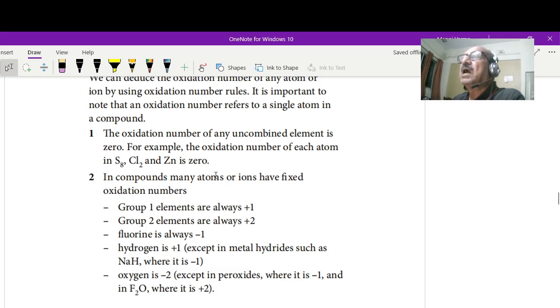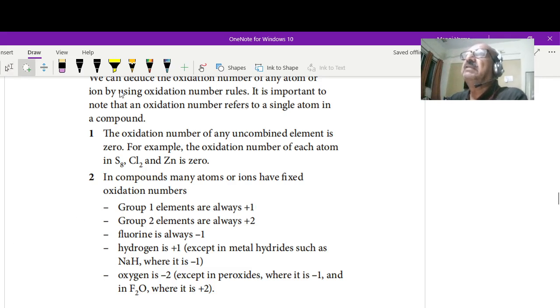Now, if you consider group 1 elements of the periodic table, like sodium, potassium, lithium, they generally have an oxidation number of +1. The reason is that they have a tendency to lose one electron.